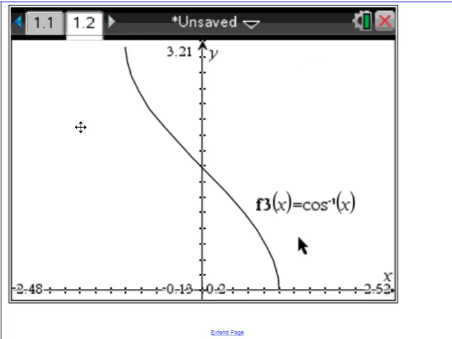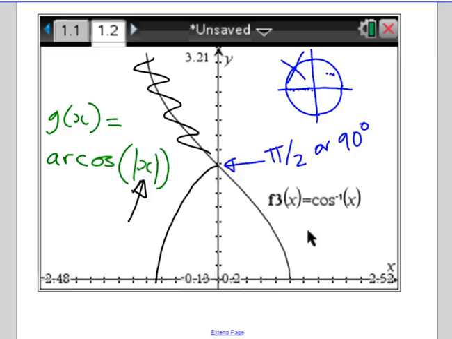I'm sure you remember the graph of arc cos. It looks like this. However, when we do, as the textbook said, arc cos of the absolute value, then that has a transformation which we studied in chapter 2.